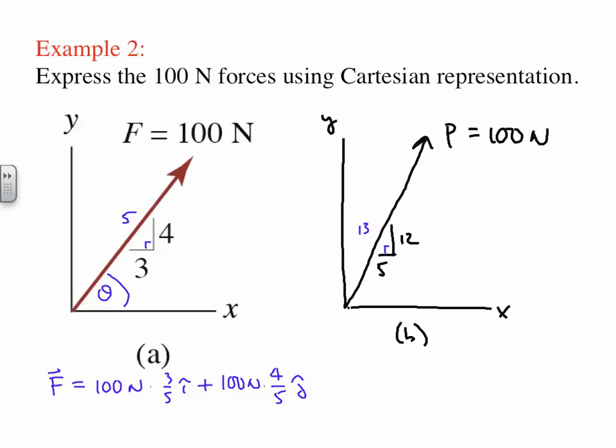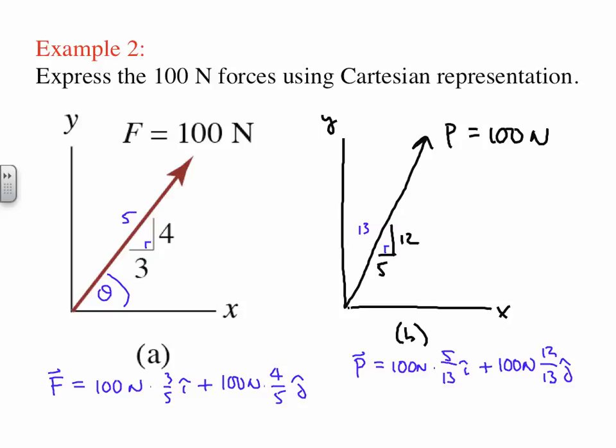Similarly, in part B, we should be able to write down that the force P is 100 newtons times 5 over 13 in I plus 100 newtons times 12 over 13 in J.